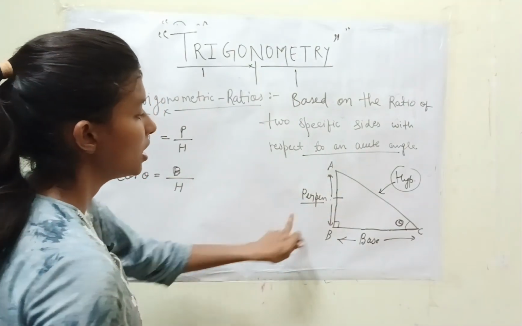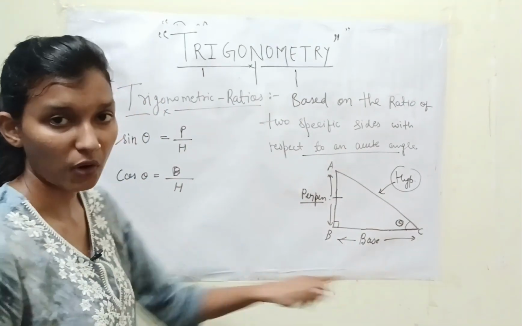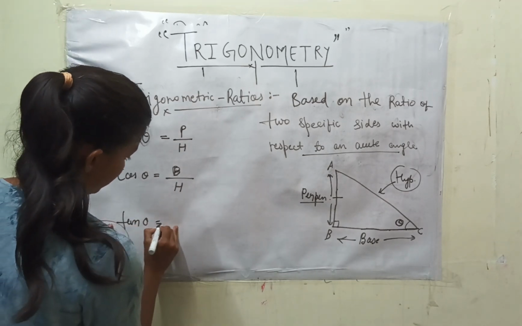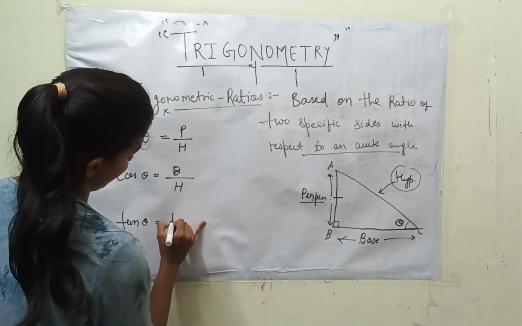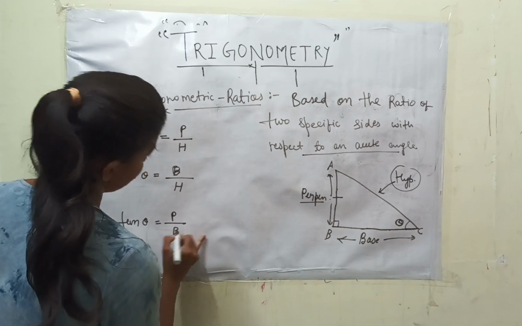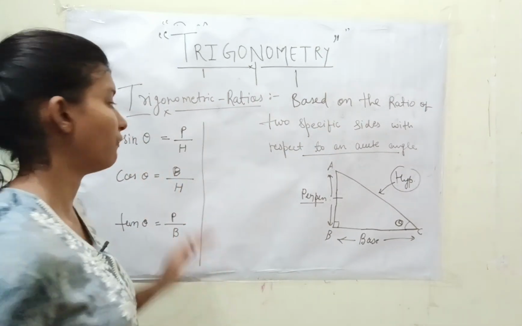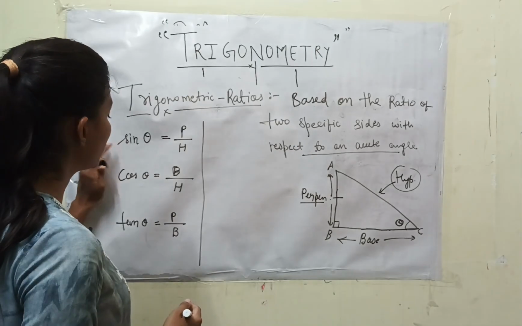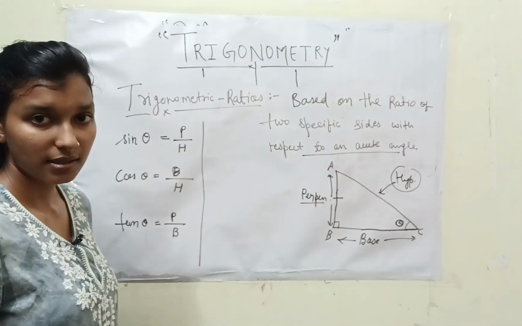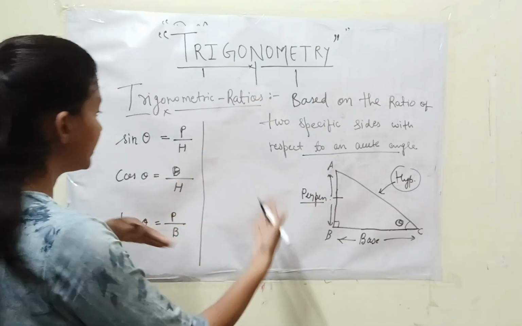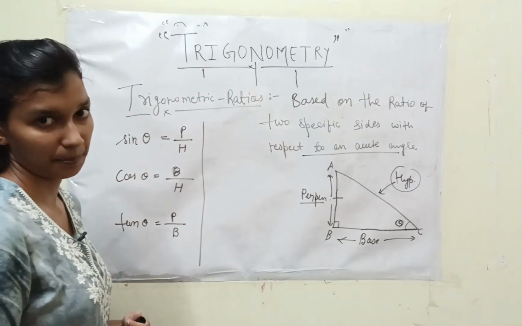Now comes the ratio of perpendicular upon base, which is called tan theta. These are the basic trigonometric ratios. Why am I calling these basic? Because the other three ratios can be derived by taking their reciprocals.